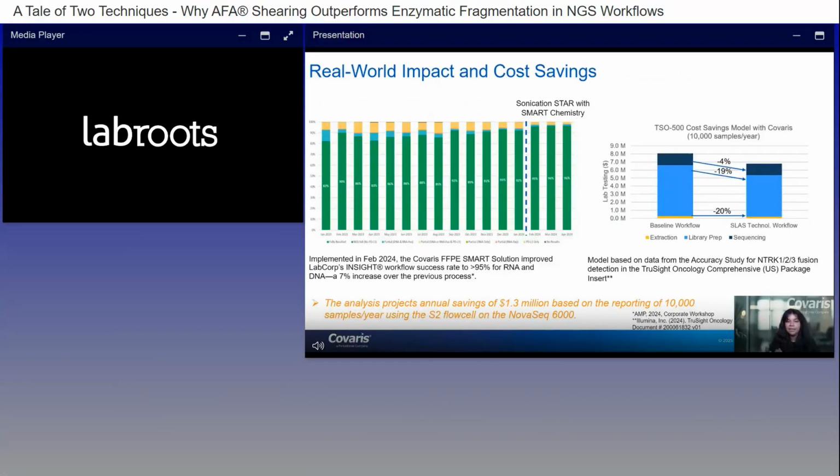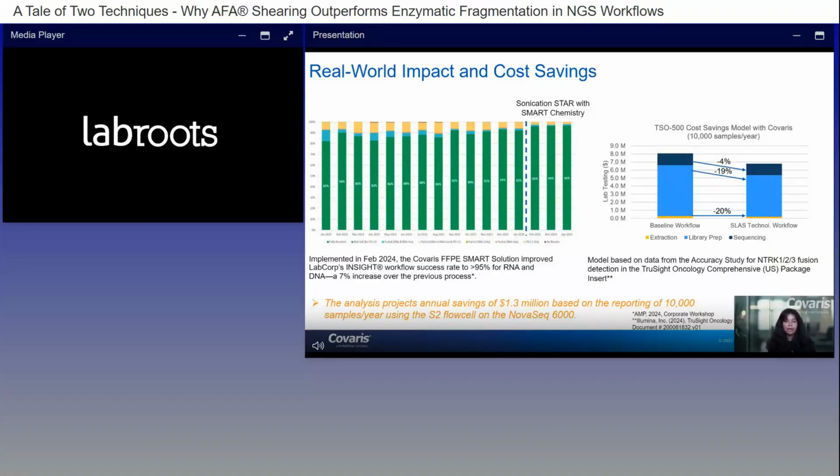And you can really see the impact of this quality when looking at case studies from real labs. So here we have data from LabCorp showing the results of their in-house tumor profiling tests, both before and after implementing Covaris workflows. And what we can see is that prior to incorporating Covaris FFP workflows, full report rates were as low as 82% some months, meaning that up to 18% of patients were not able to receive full profiling from their tumor samples.